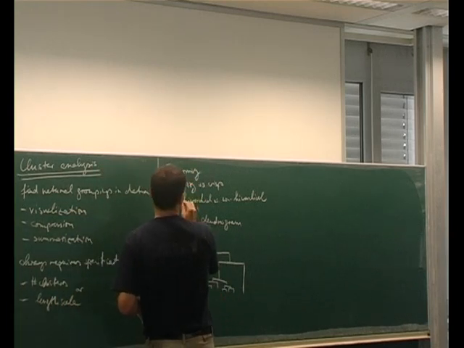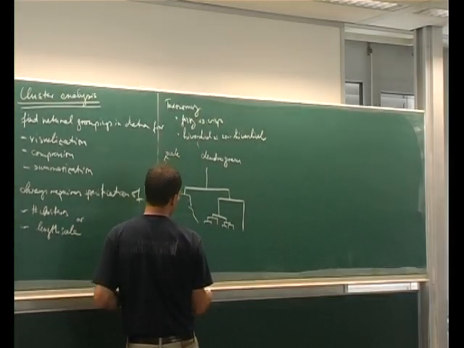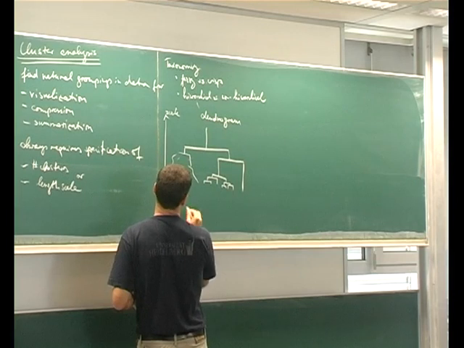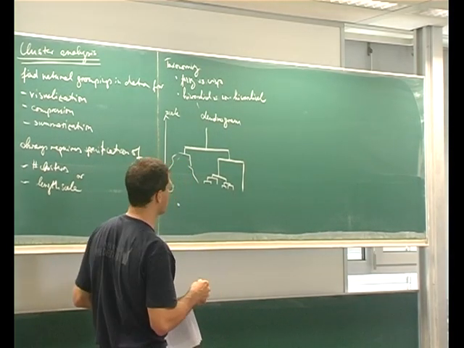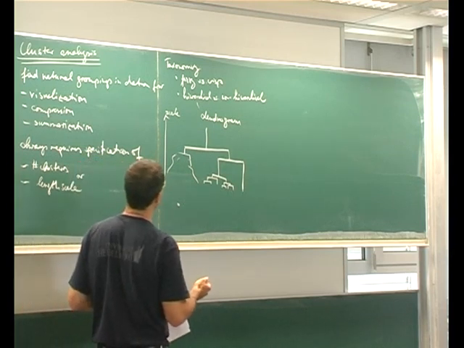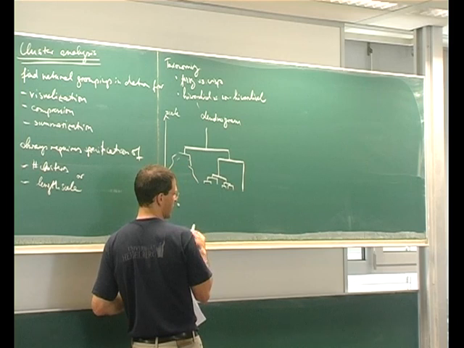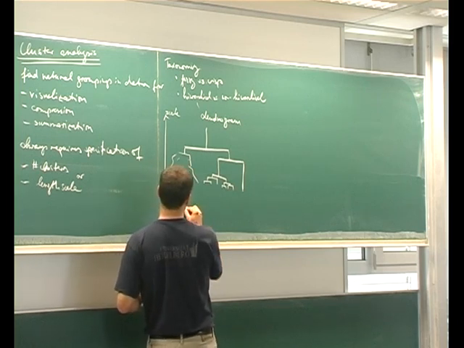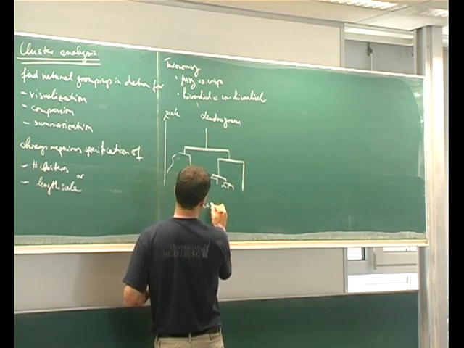So there's fuzzy versus crisp, there's hierarchical versus non-hierarchical, or you could distinguish clustering methods according to how they represent clusters. So clusters could either be represented by a single member or really by the entire group itself.